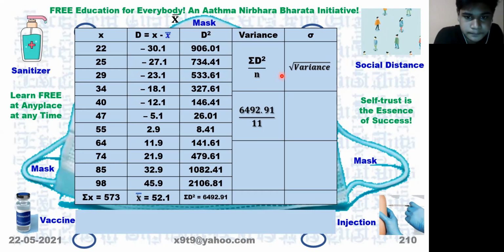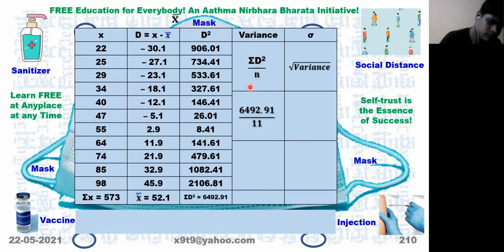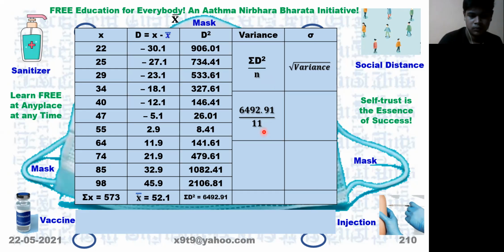Now, in the next column, here at the top, I have given the formula. Here space is available. So what we can do, you write this numerator, that sigma d square value, divided by the denominator, the number of numbers which are there. That answer we can write here.